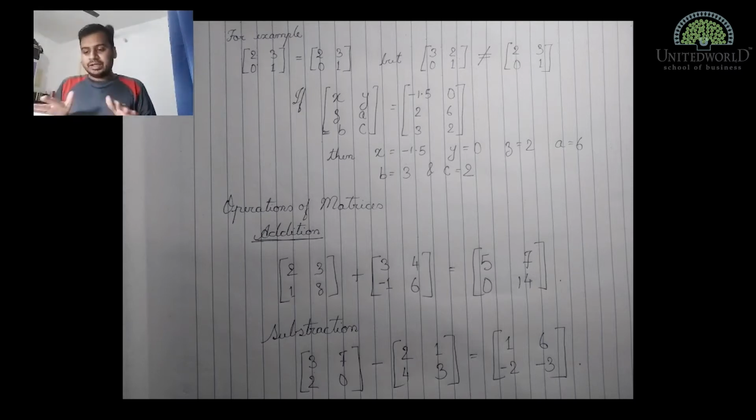So you can clearly see what equality of matrix means and what kind of problems you can expect from this particular topic. This is a simple topic and very basic problems you can expect. Whatever we are learning till now is very basic.